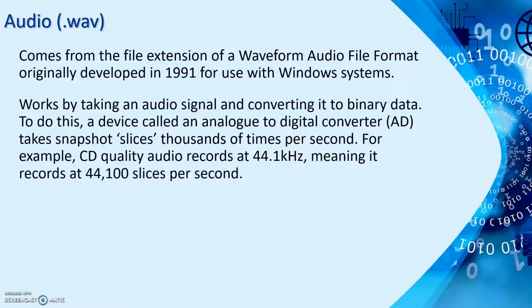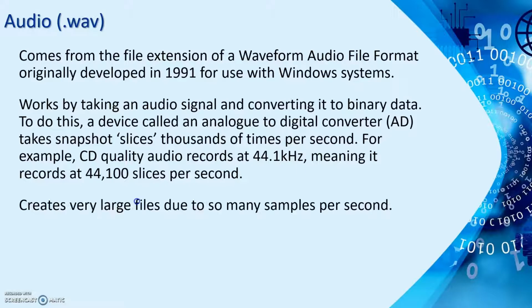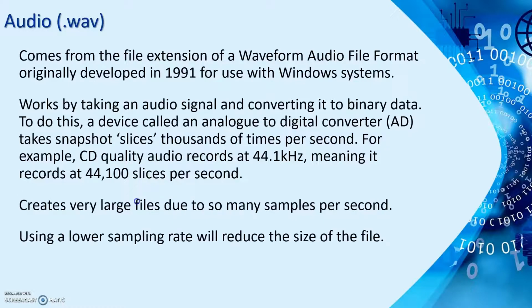That means that to actually achieve the sound that would be equivalent to you standing at the concert, listening to music, you need 44,100 different little digital samples stitched back together to get it to reflect natural sound. Mind-boggling. And it means that it creates very, very large files because you've got so many samples per second.